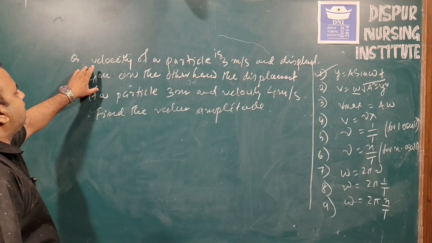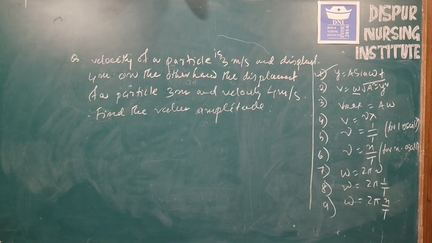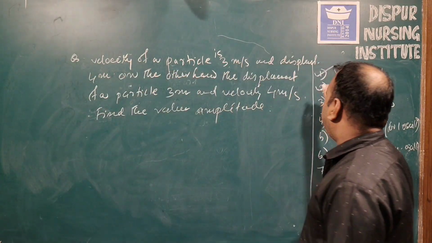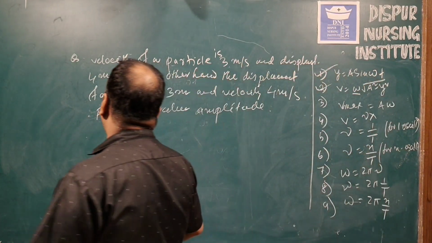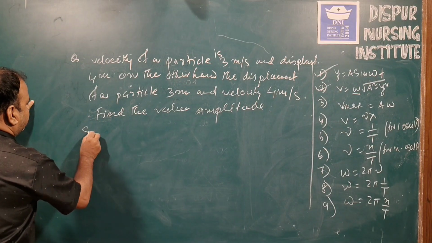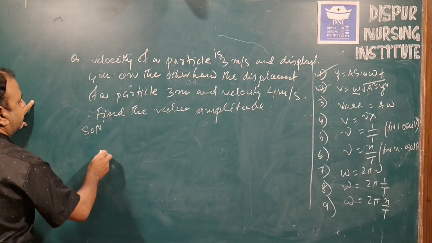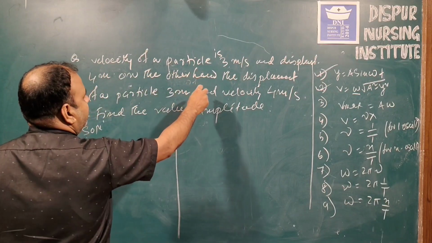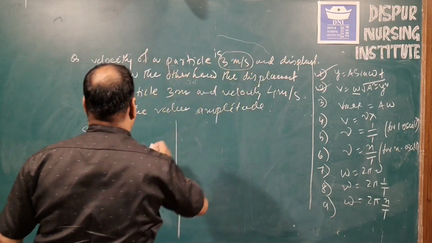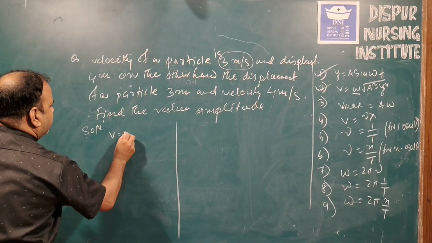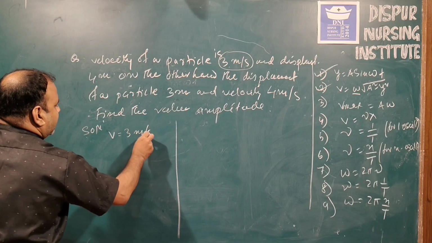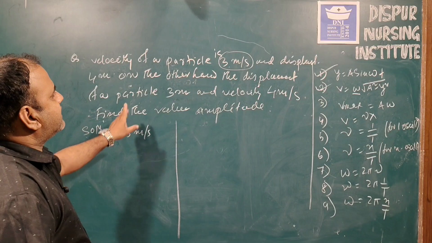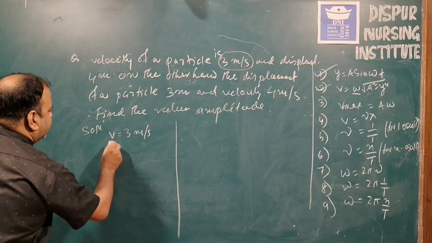In this case you can see there are two conditions. Normally we have to use the velocity formula, that means the number 2 formula. So solution. For the first case, the velocity of the particle is given as 3 meter per second, and at the same time displacement is given.